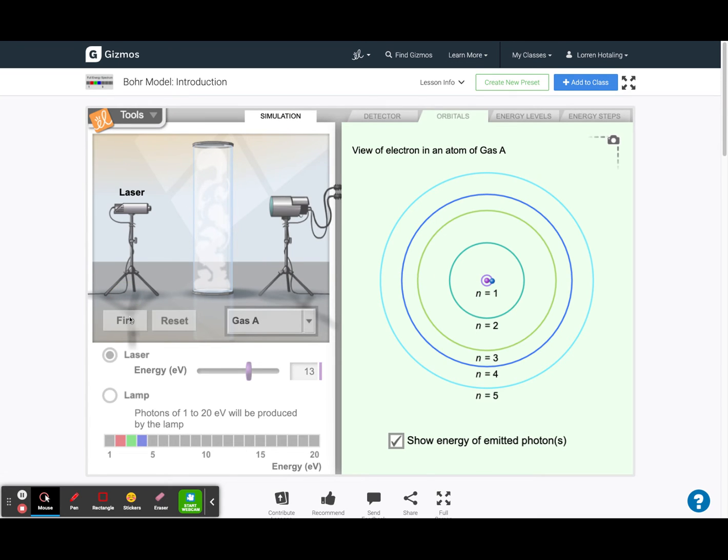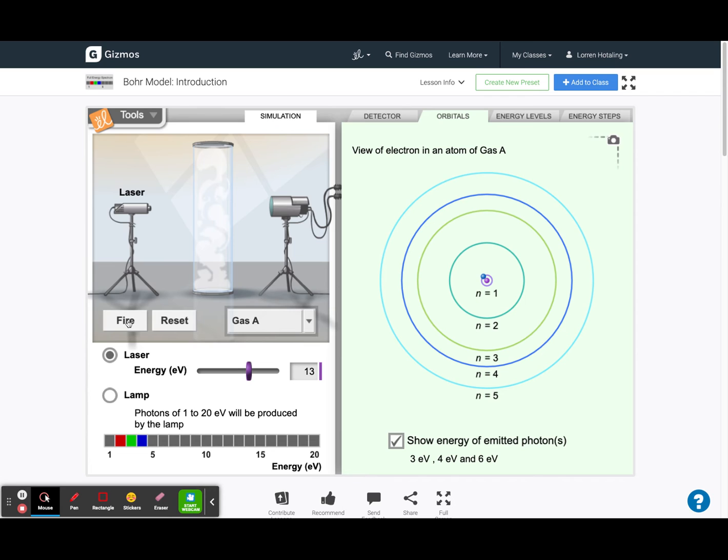So we'll watch that again. That was a drop all the way down, so that was an n equal 4 to an n equal 3 to a 2 to a 1.